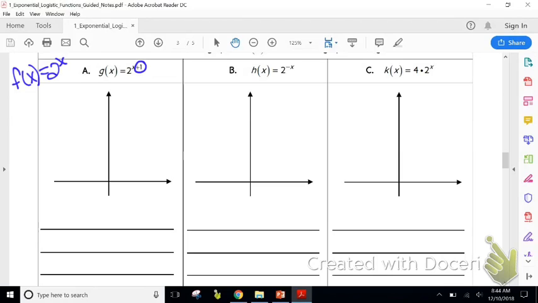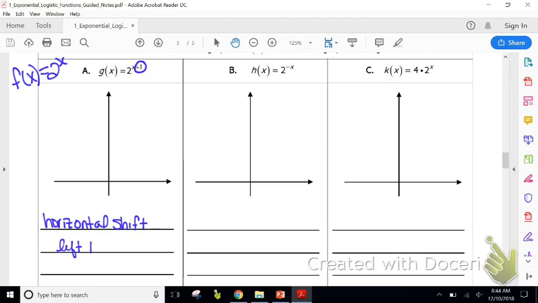Now, is it a horizontal or vertical? Horizontal, because it's with the x. Is it a stretch or compression, or is it a shift? Shift, because it's being added or subtracted. And it's a plus 1, so which way is it going to shift? Left 1.